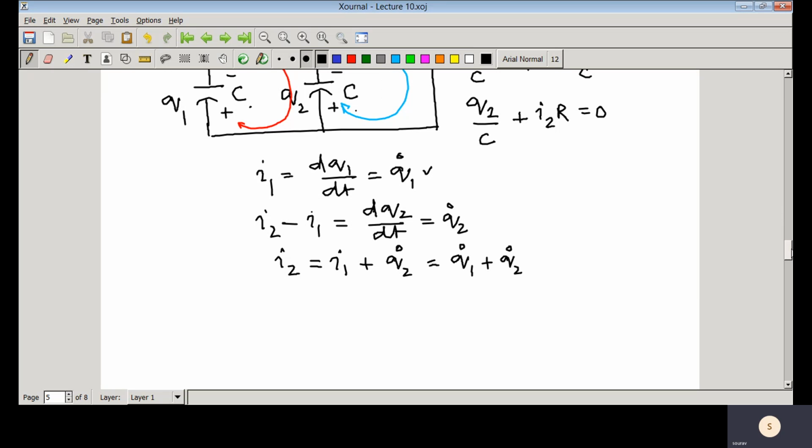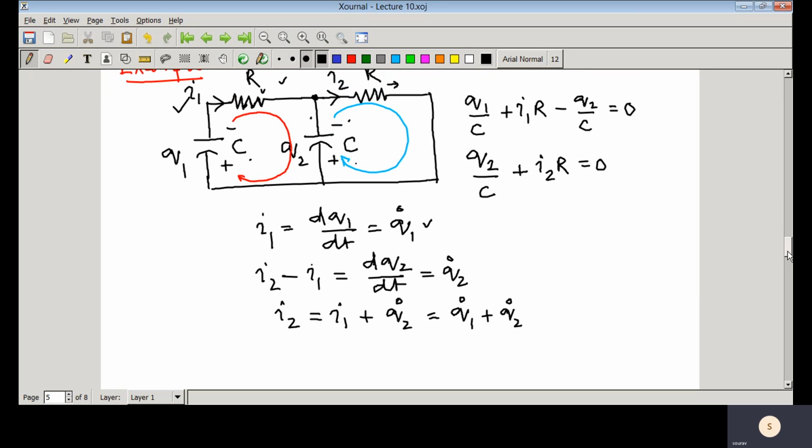Then let us write the state equation. From the first equation, in place of I1, I will just put q1 dot.